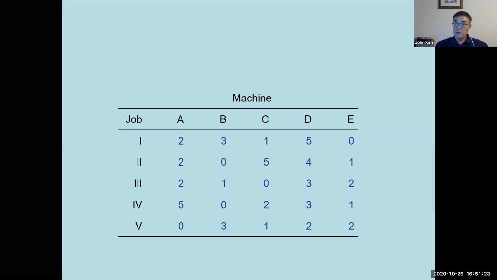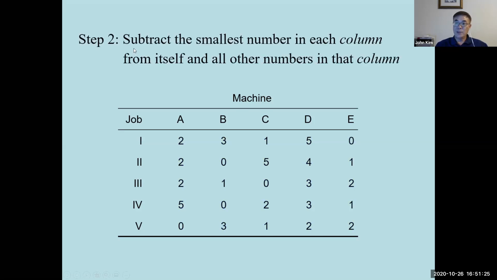And then step 2, subtract the smallest number in each column. So the column smallest numbers are 0, 0, 0, and 0. So for these columns it doesn't matter because the smallest is 0, but for this column the smallest is positive.